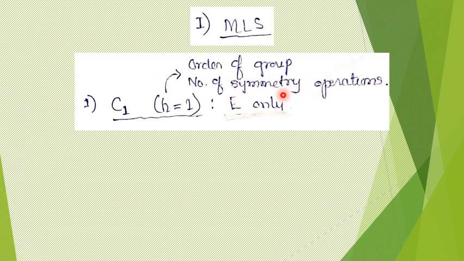Remember this: h is not the number of symmetry elements, though it can easily be confused with that. It is the number of symmetry operations. In the case of C1, the only operation that can be performed is the identity operation, performed on the identity element. Whatever the molecule may be, this single do-nothing operation, the identity operation, will definitely be possible, so it will be there in each and every point group.